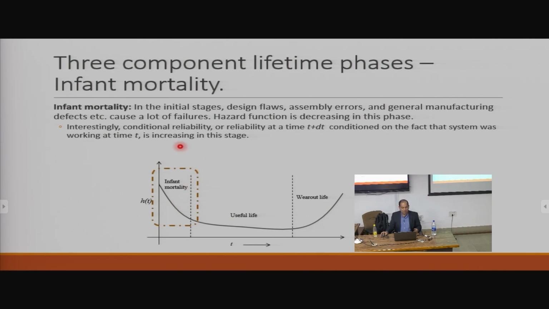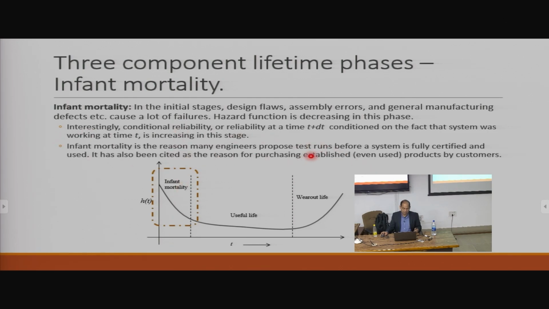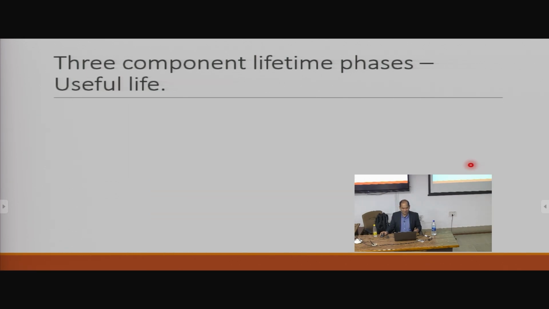Oftentimes you would catch those design flaws and manufacturing errors before you ship out the components or systems. That's why many engineers propose test runs before a system is fully certified or used. And sometimes people even say it's better to buy slightly used products than brand new, because the first owner would have taken care of all the issues.